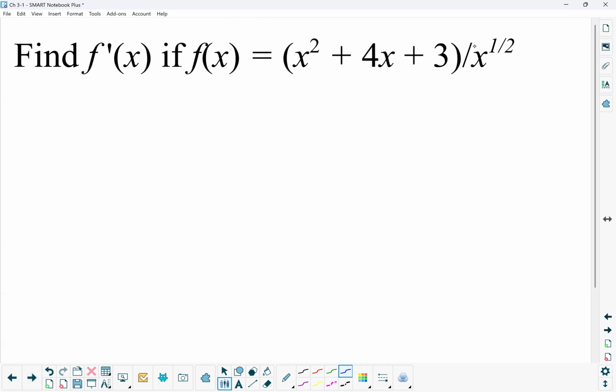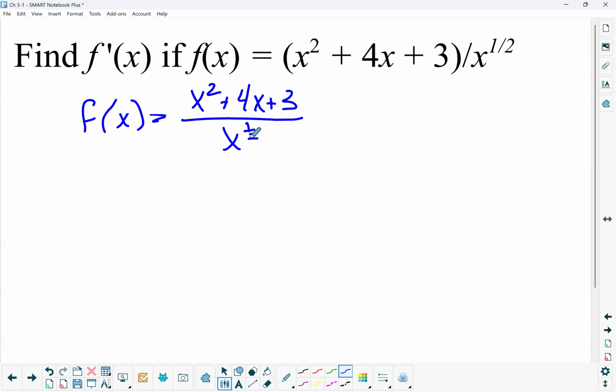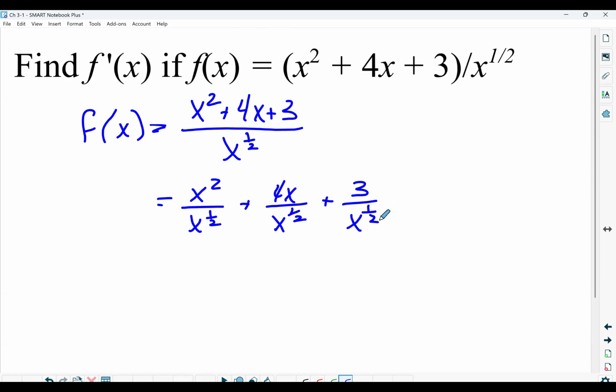So if we only have a single function in the denominator, what we're going to do is rewrite our function so that we divide each term by the denominator, which we can do because that's just the definition of the addition of fractions. If I simplify this expression, this is still my function f of x.